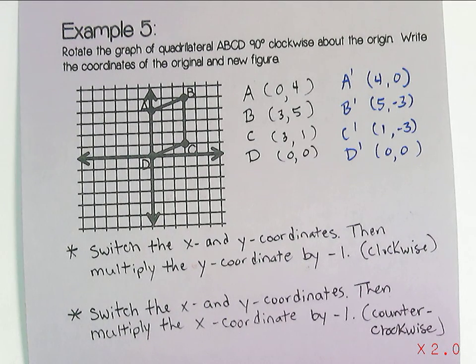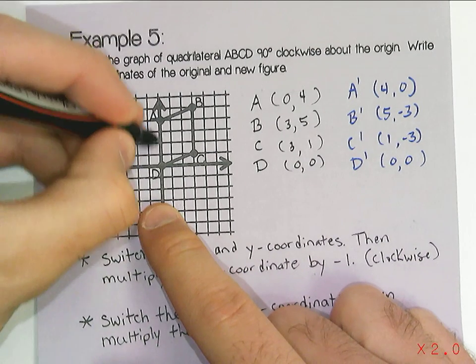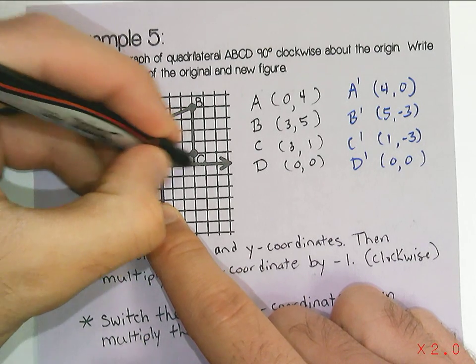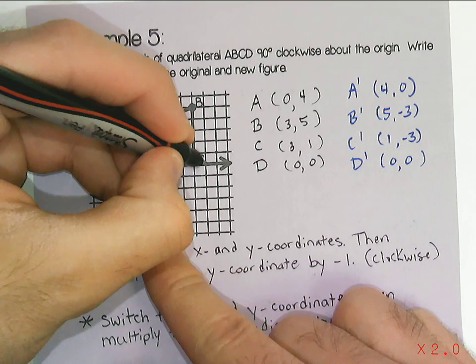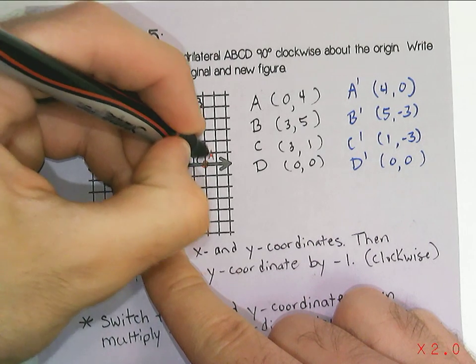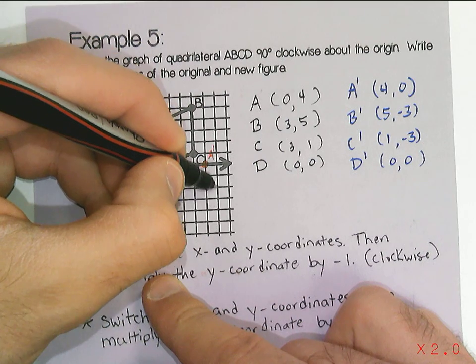So let's go ahead and plot these points then of our new figure. So over 4, up 0, almost went to the wrong spot. Remember x, y, A prime. Over 5, down -3, 1, 2, 3.